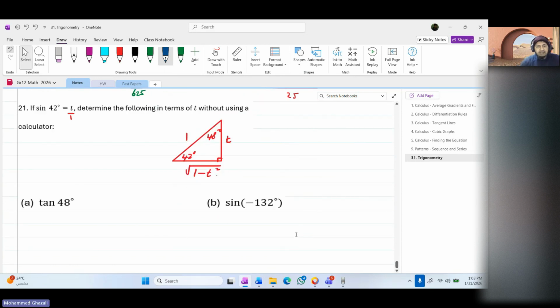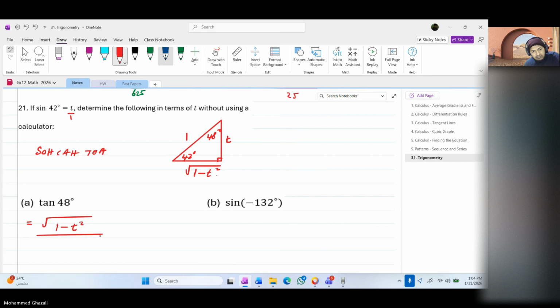There's 48 degrees here, SOHCAHTOA. We're always using SOHCAHTOA from this triangle. Opposite over adjacent, so square root of 1 minus t squared over t. That's what tan 48 is.